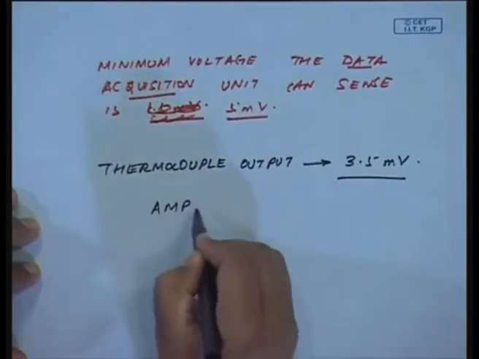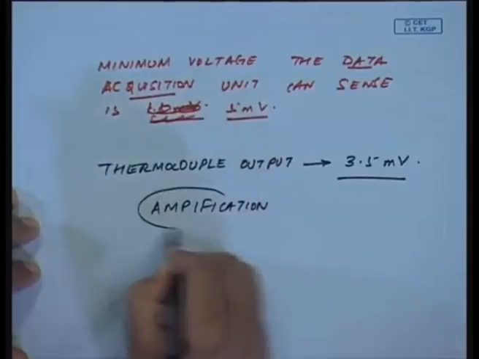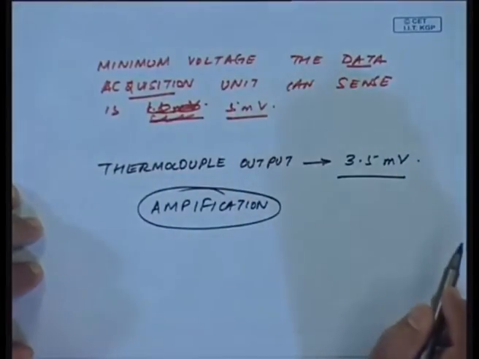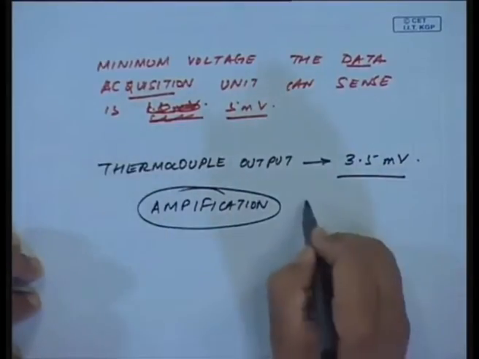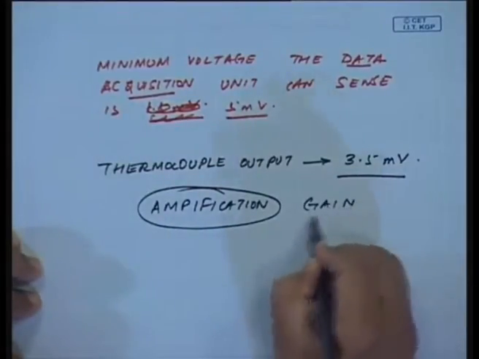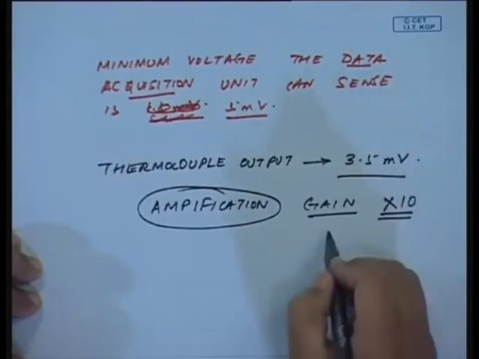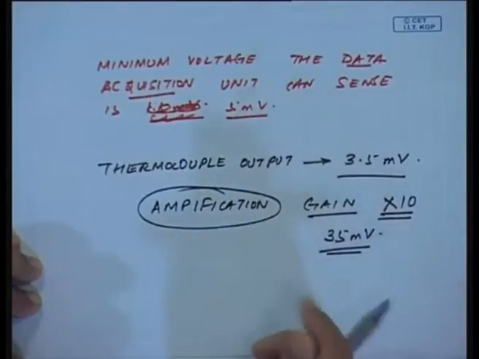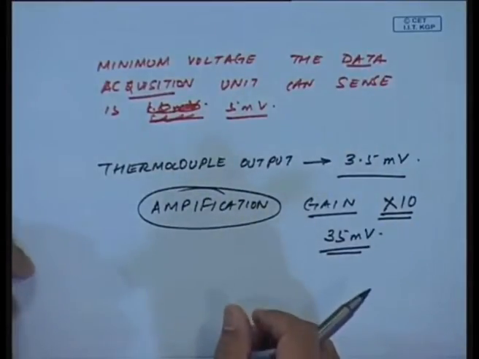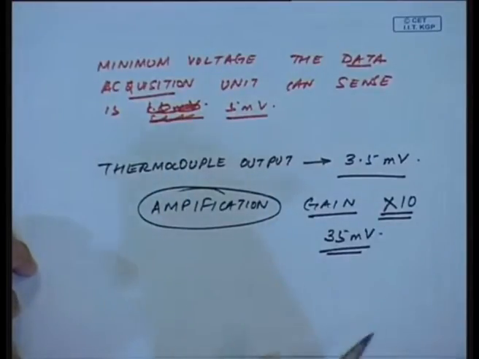So, amplification is a solution to the problem. Maybe I will increase it by a gain of 10, gain usually written as multiplied by 10, or x 10. That means this becomes 35 millivolt. So, one such intermediate unit or signal conditioning unit is an amplifier or an amplification unit.